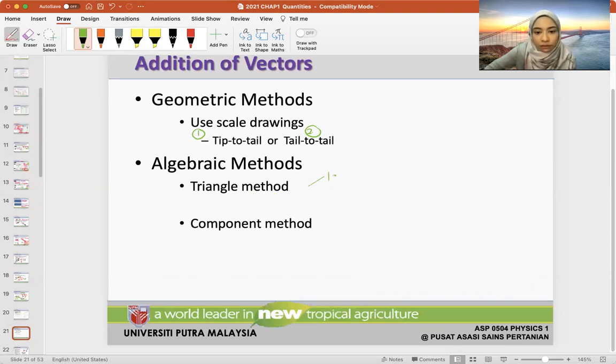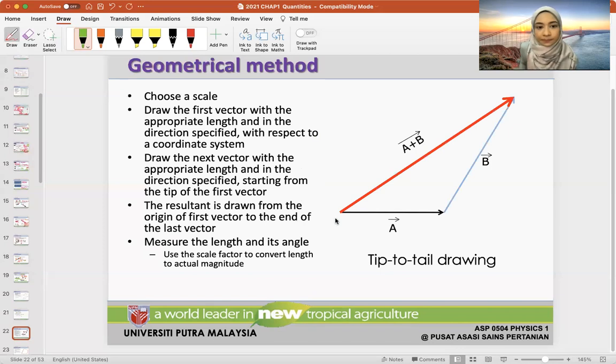We use the law of sines, and also C squared equals A squared plus B squared, tak ingat lah, saya tak ingat nama equation ni apa. So there are two equations for the triangle method, and then we have the component method, which is my favorite, and we will learn all four. So for addition or subtraction of vectors, we can use these 4 techniques. Let's learn what it is.